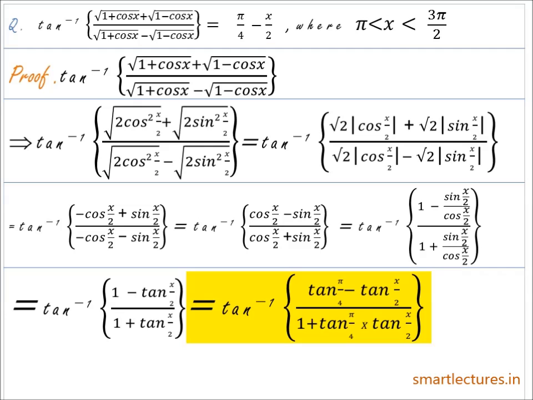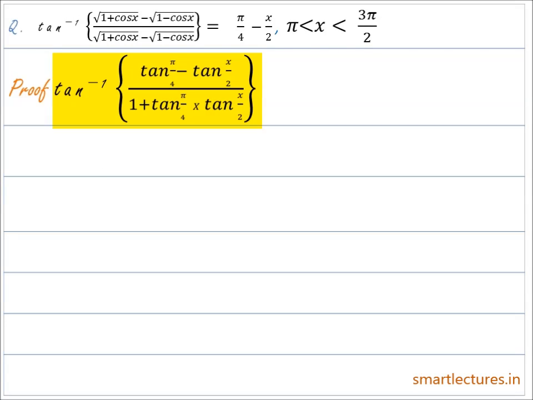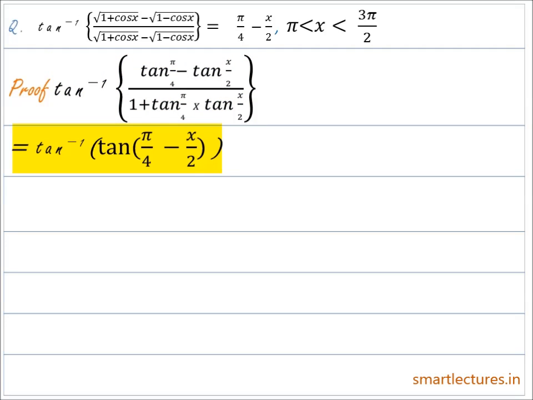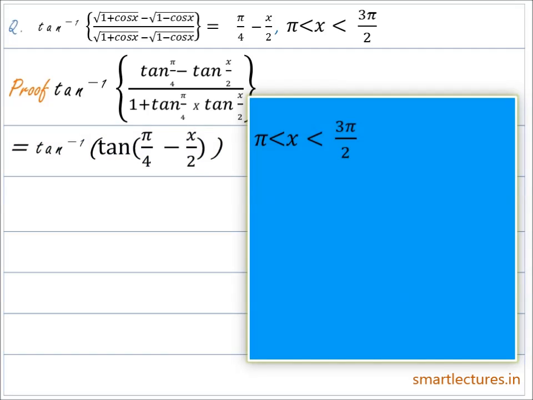So this expression can also be written as tan inverse tangent of (pi upon 4 minus half x). And in this question, we are given that x is greater than pi and x is less than 3 pi upon 2. If we divide each side of this inequality by 2, then the inequality becomes half pi is less than half x and half x is less than 3 pi upon 4.